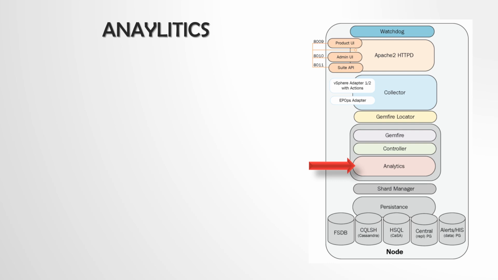Next is analytics, and it is the heart of vROps. It tracks the state of every metric and then applies various forms of correlations to determine whether there are any problems or not. For example, you have received an alert stating that the workload is high on a particular host system.